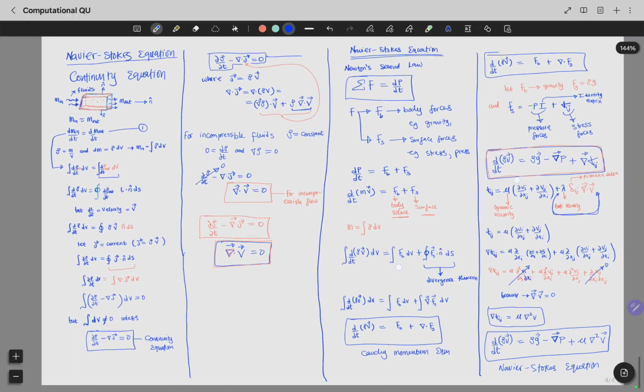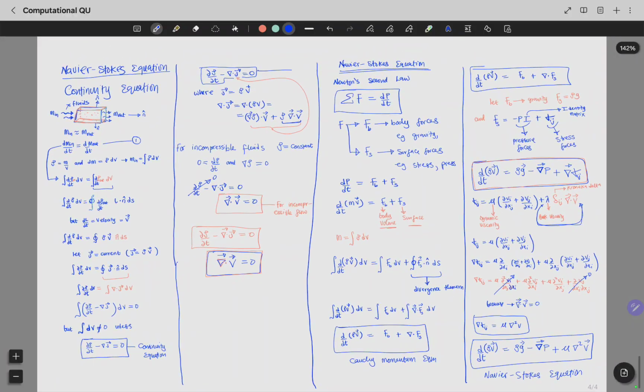So in general, let's recap. We started with the continuity equation. We saw that mass going in equals the mass going out. We did what we did. We got the continuity equation. We did some analysis when the fluid is incompressible.